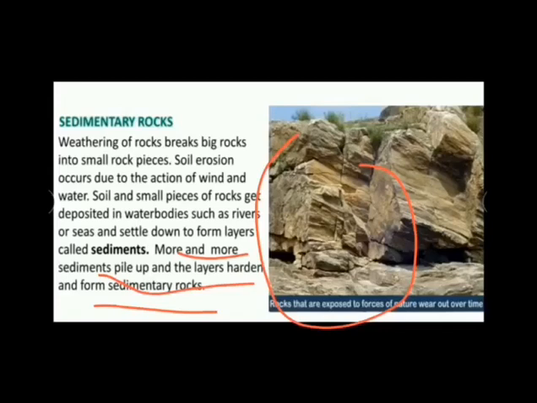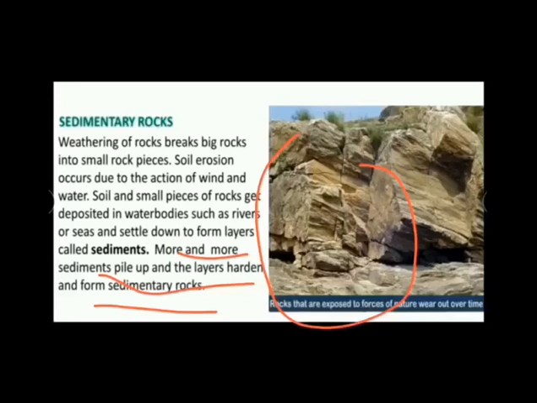There are so many examples of sedimentary rock, like sandstone, limestone, shale and conglomerate. So basically, sedimentary rocks are formed when rocks or mountains are broken down or cut away into smaller pieces by natural forces.